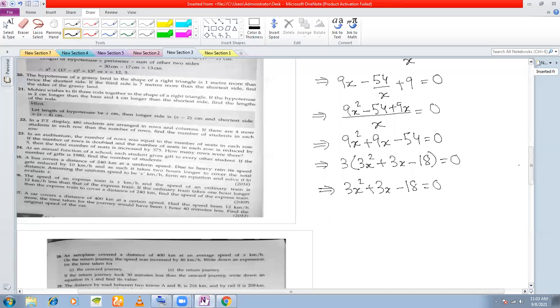So I think it should be 9 into 6. Yes, 6 into 9. So 3x square plus 9x minus 6x minus 18 is equal to 0. You get 3x into x plus 3 minus 6 into x plus 3 is equal to 0.